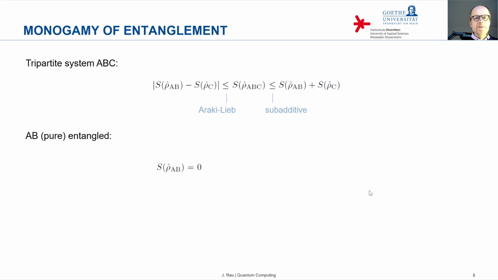So in fact, in that case, the joint entropy of all three systems must be equal to the entropy of C. You can also write that as the entropy of AB, because that's 0, plus the entropy of C. And then we can exploit another property of the von Neumann entropy from the list on the previous page.